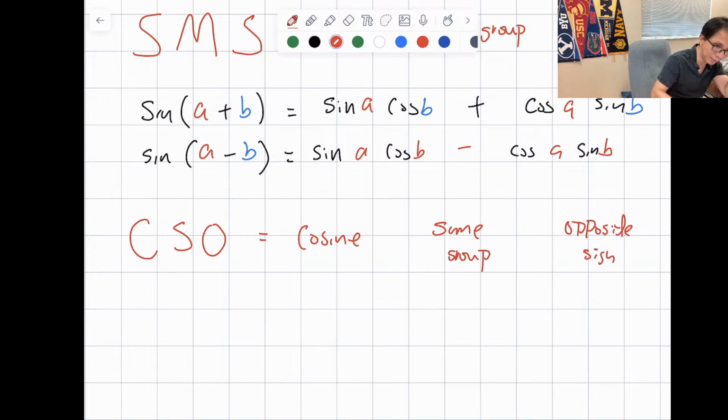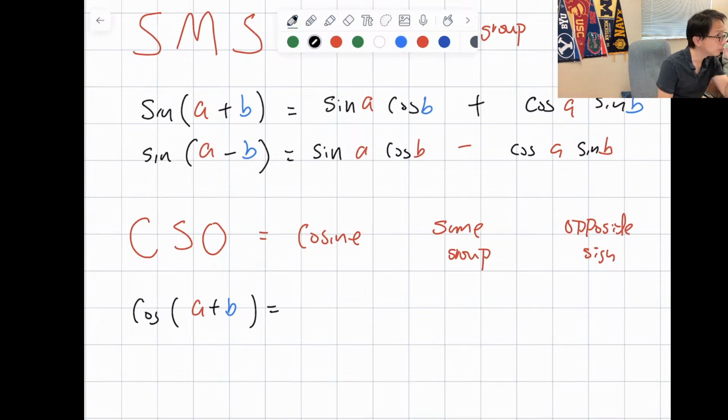Okay, CSO. So assume that we know cosine of A plus B. Then that is equal to, well, remember, is this a same group or a mixed group? Same group. So it should be sine, sine, cosine, cosine. But since it's a cosine, we're going to start with the cosine. Does that make sense?